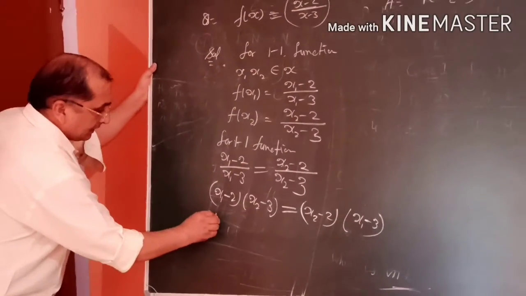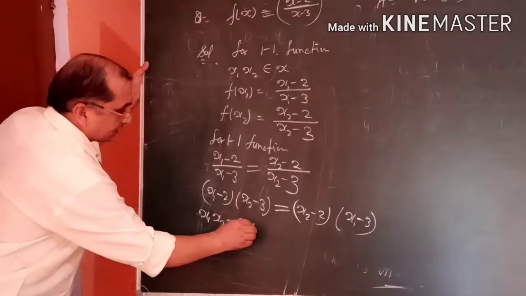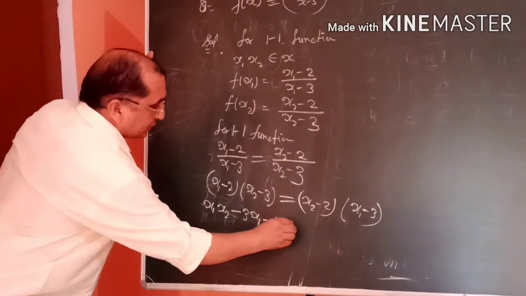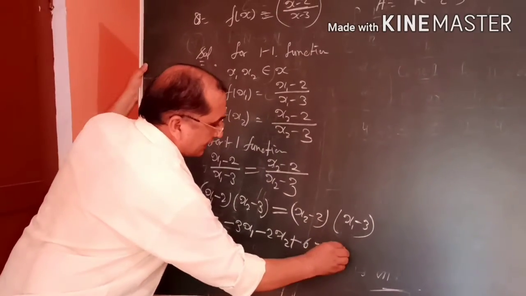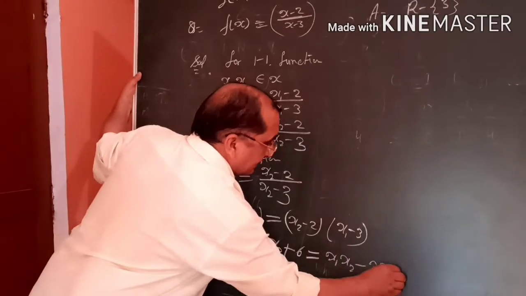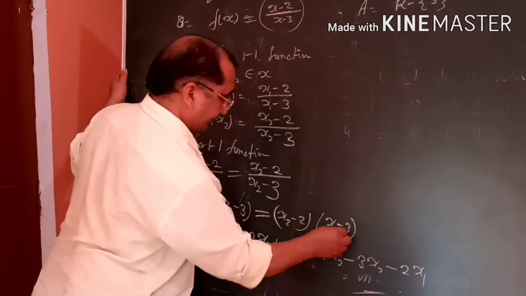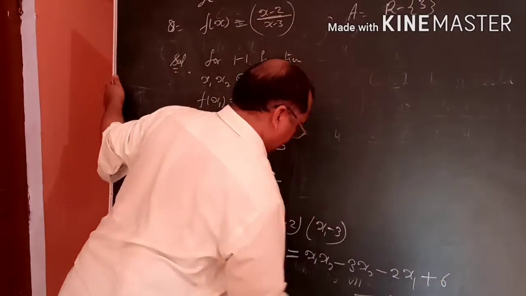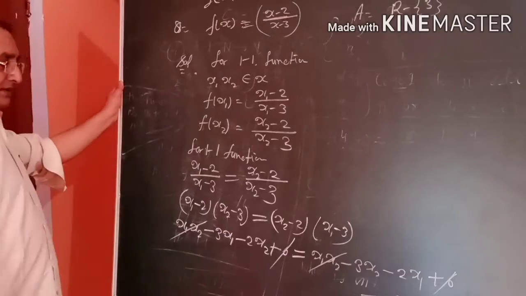Solving both of them, x1x2 minus 3x1 minus 2x2 plus 6, and here x1x2 minus 3x2 minus 2x1 plus 6. The 6 and 6 will cancel, x1x2 will cancel.